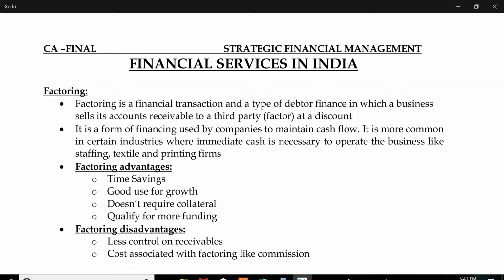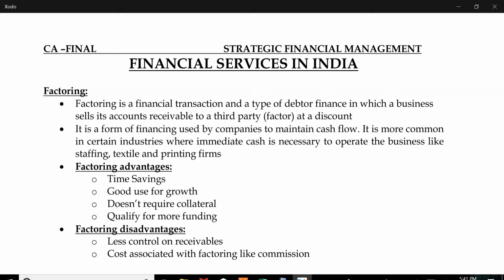The difference between factoring and a bank loan: in a bank loan you just get the money and pay interest. In factoring you get money for which you have to pay interest, and you also get a lot of services. That is, he does the collection job, he takes care of bad debt. So for all of this you have to pay him a commission. So two things have to be paid: one, a commission, and also an interest.